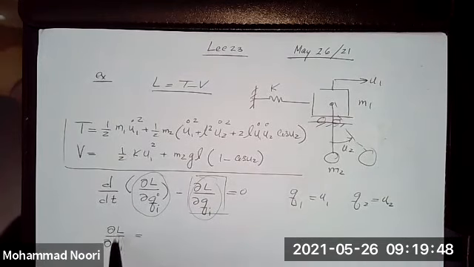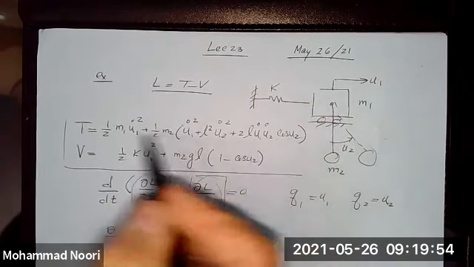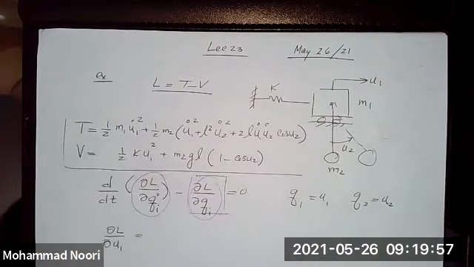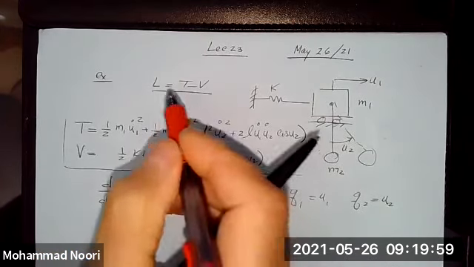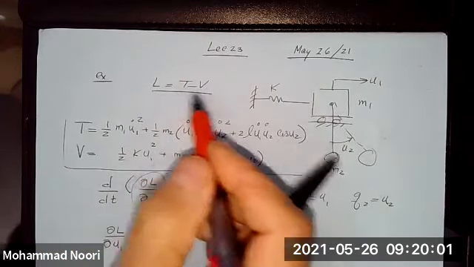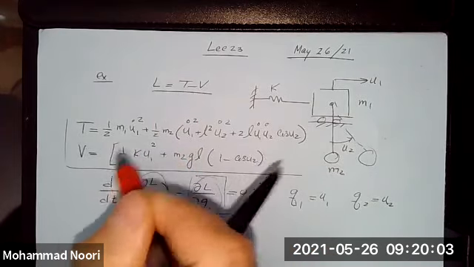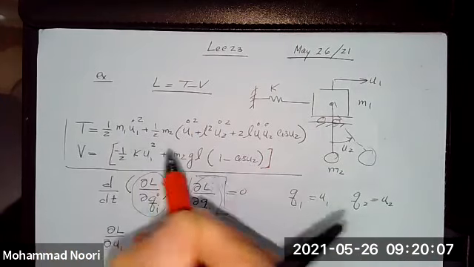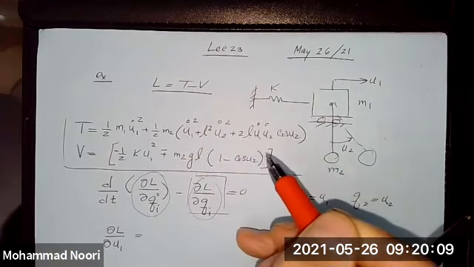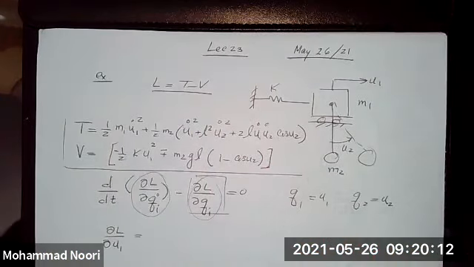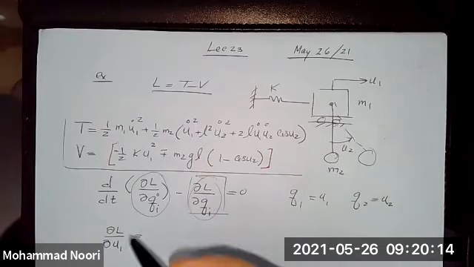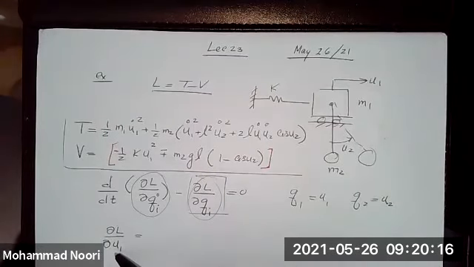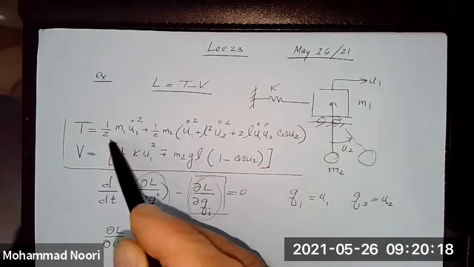What is the partial derivative of L with respect to u1? L is T minus V, so you subtract this from that, and you end up with a negative term here. So partial derivative with respect to u1, meaning that u1 is the only variable.